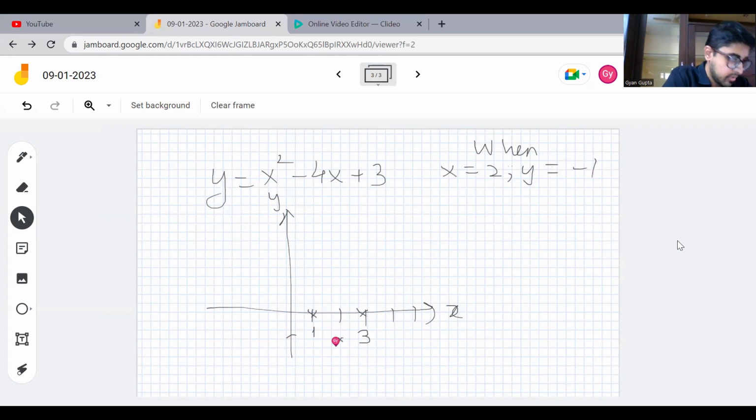This is another value: when x is 2, y is minus 1. Alright, like this, if we go on plotting the values, when x is 0, y is plus 3.